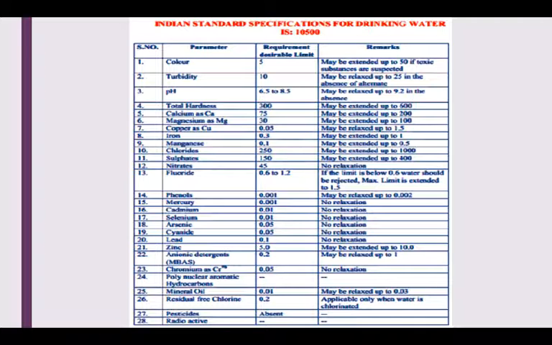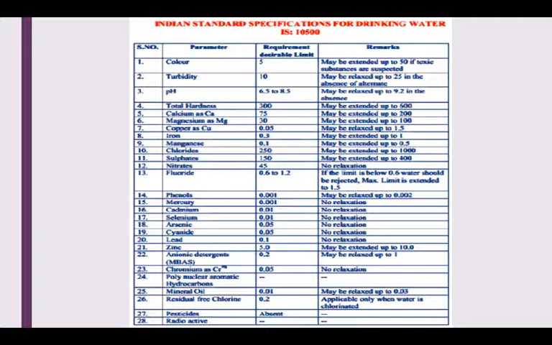Total hardness is 300, may be extended up to 600. Then calcium is 75, may be extended up to 200. Magnesium 30. So calcium, magnesium, copper, iron, all the amounts are given. You have to go through all this. This is a very important specification for drinking water.